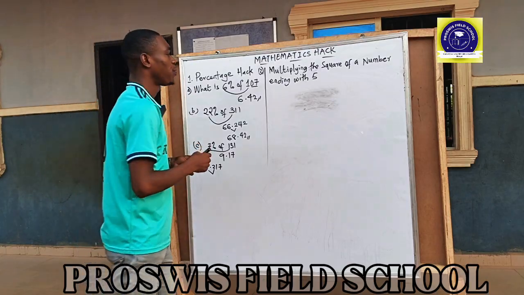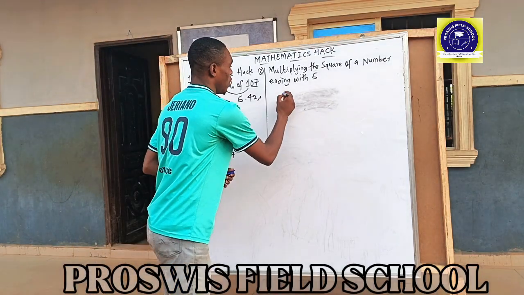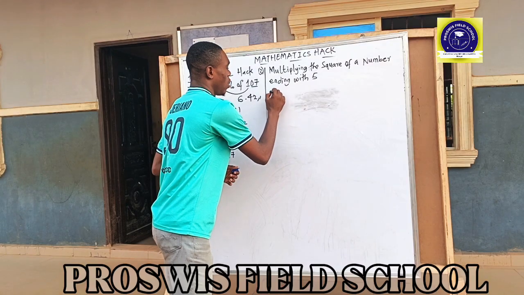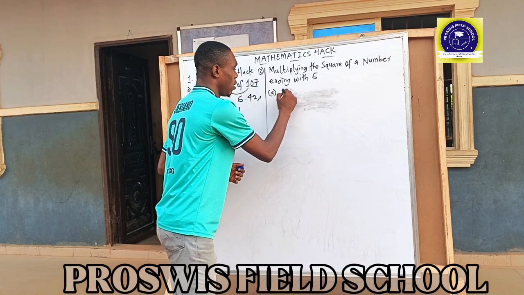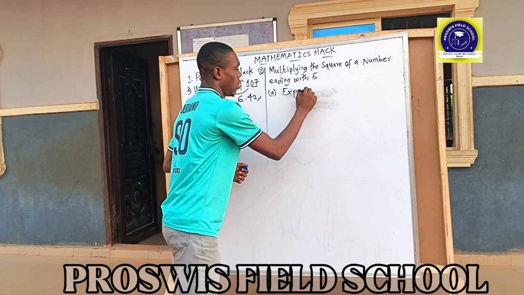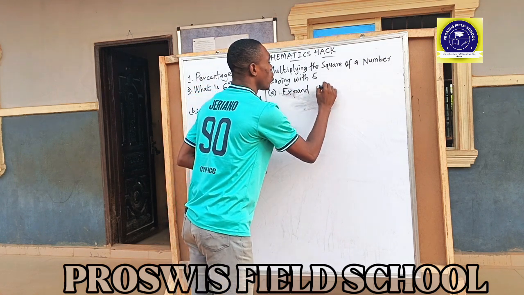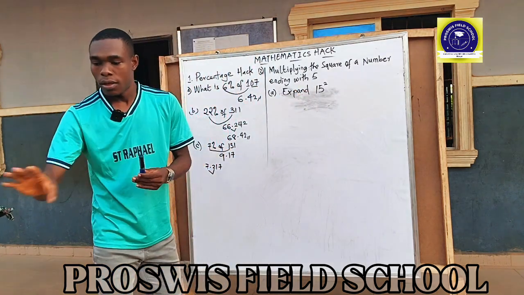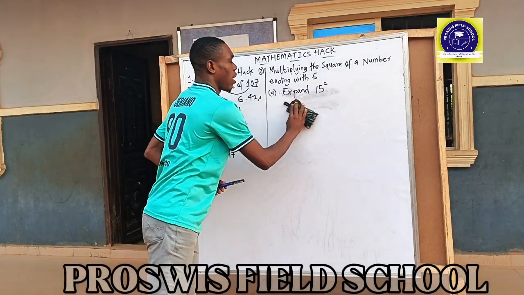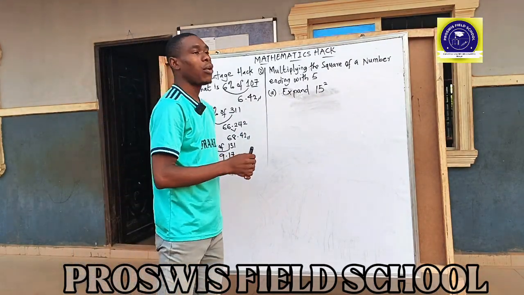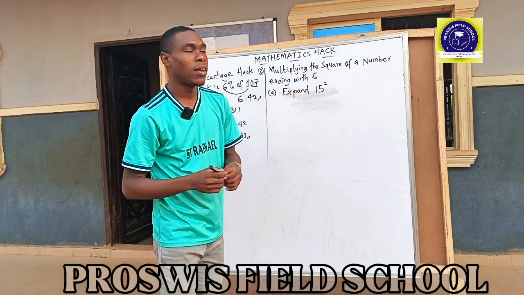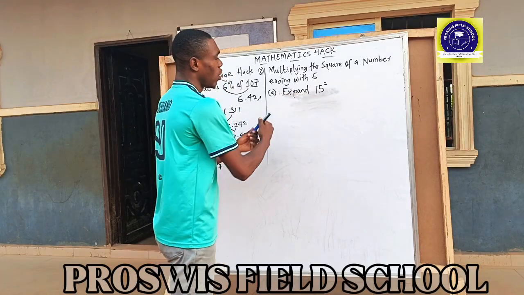For example, you're having to multiply or expand 15 square. Expand 15 square. And then you're asking, how do I go about this? Now what you do is this.